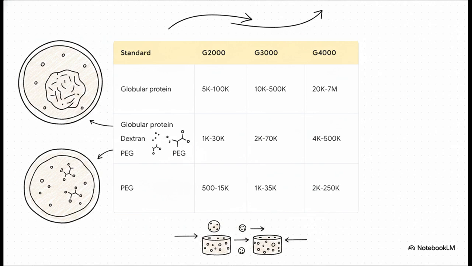But what if you're working with an absolutely massive globular protein, say something up to 7 million Daltons? Well, then you absolutely have to switch to the G4000 gel because it has much larger 45 nanometer pores. This perfectly proves our main point today. In SEC, the physical architecture of your tools has to perfectly mirror the physical reality of your molecules.